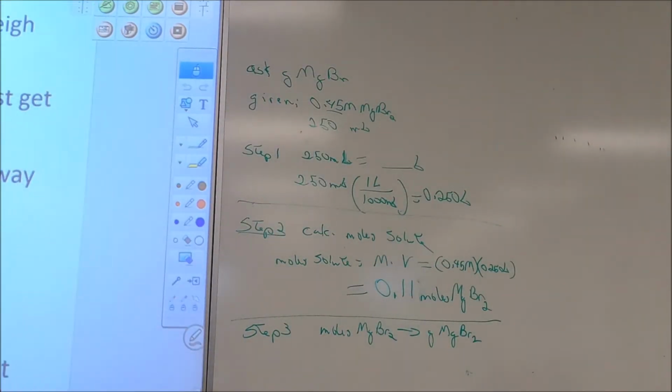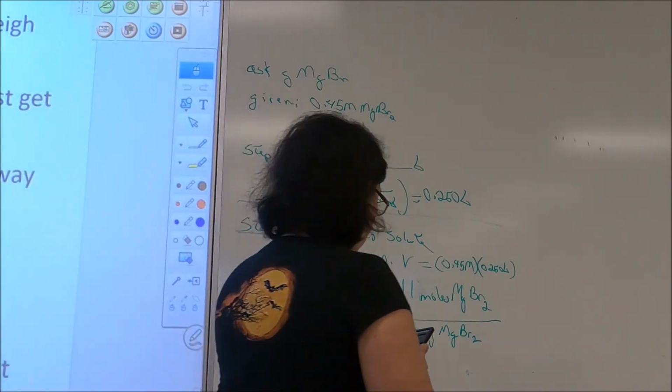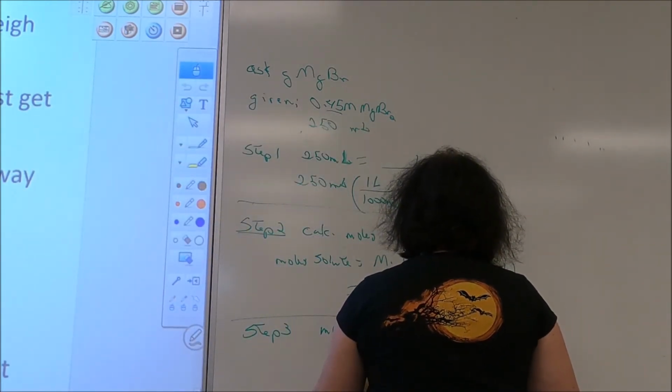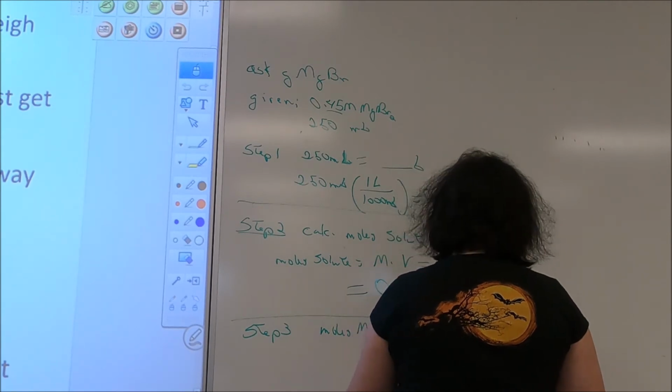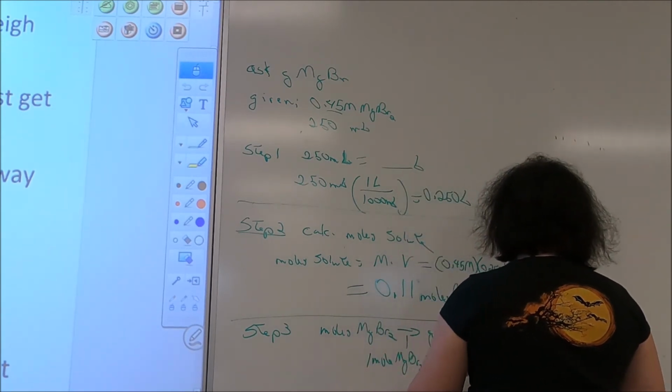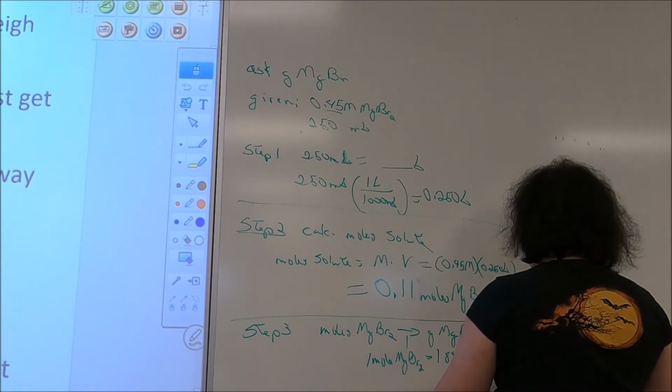Now, I don't have the atomic mass of bromine memorized, so 79.90 times 2 plus magnesium, which is 24.31. Okay, so 1 mole of magnesium bromide has a mass of 184.11 grams.